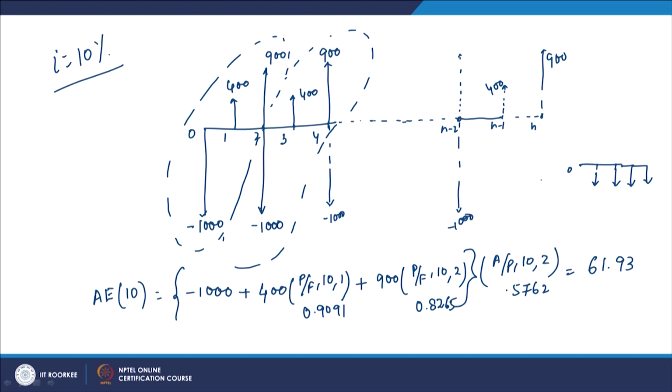For such kinds of repeating flows, this method of comparison, using the annual equivalent value basis, has more meaning as compared to other comparison methods like present worth, and even the future worth methods, which we will discuss. So, this is about the annual equivalent method of comparison.